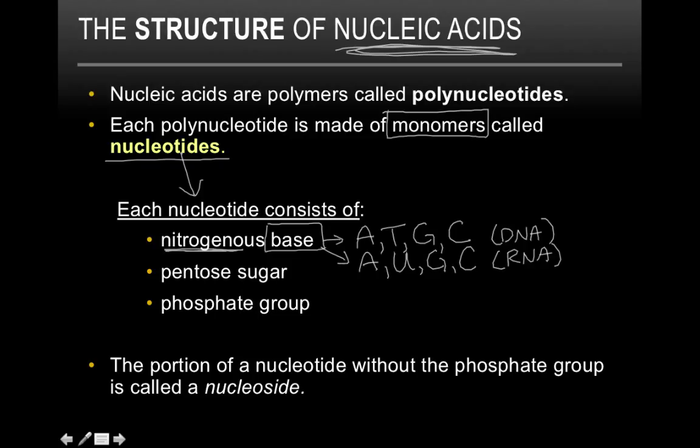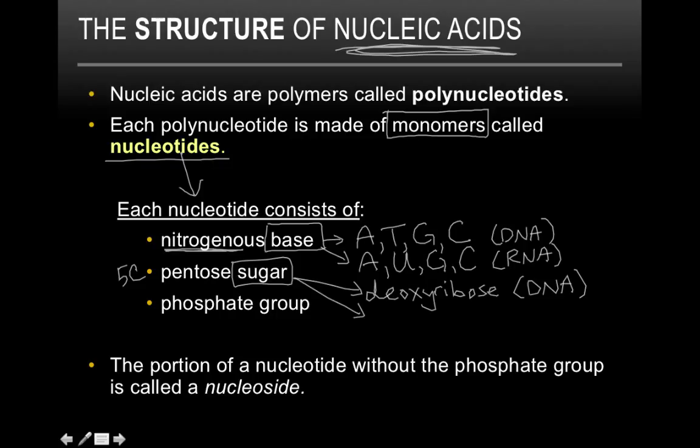Every nucleotide also has a pentose sugar. So recall that a pentose is a 5-carbon sugar. And that sugar is going to be deoxyribose, if we're talking about DNA. And that sugar is going to be ribose, if we're talking about RNA.